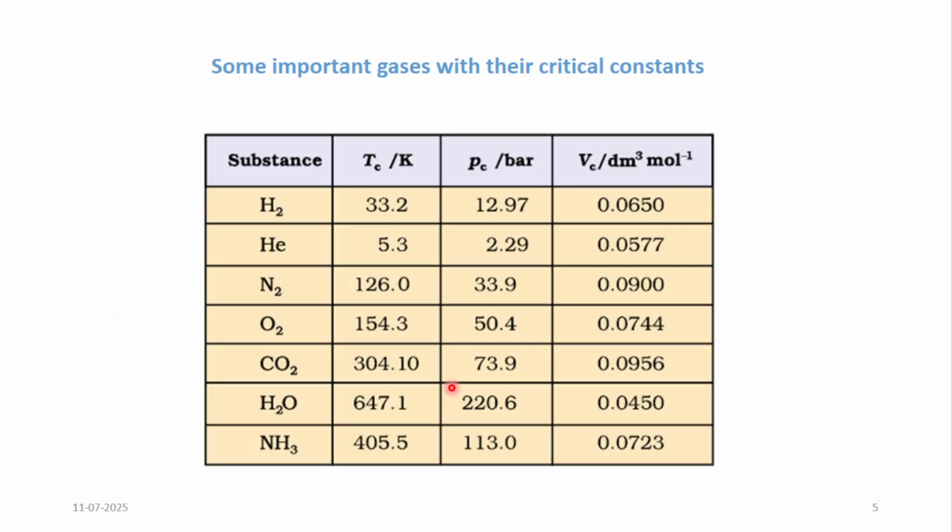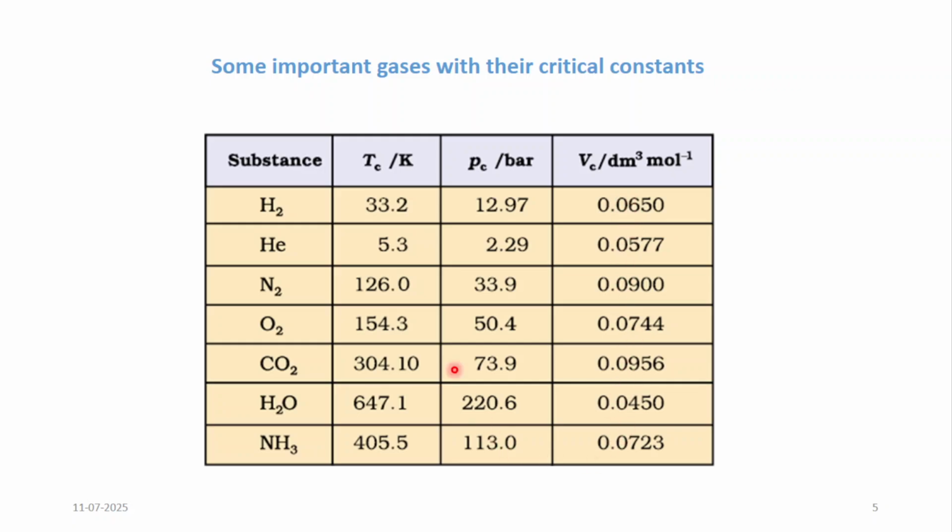So you can see this table. These are some gases with their critical constants Tc, Pc and Vc: hydrogen, helium, nitrogen, carbon dioxide, ammonia. You can see this is in Kelvin. Hydrogen has a critical temperature of somewhere around 33, ammonia 405, and this is the pressure required at critical temperature, and this is the volume occupied.